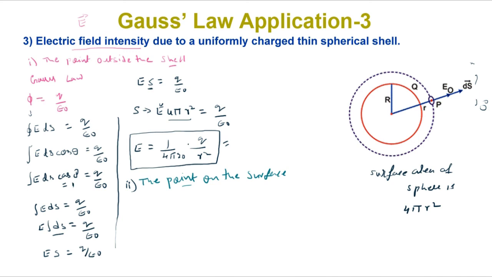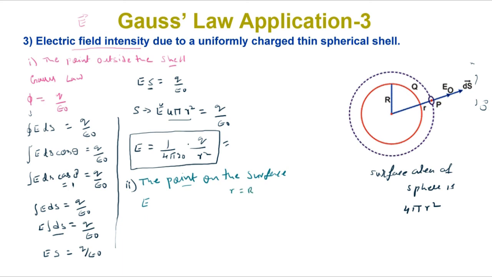A point on the surface means the radius is capital R. We already derived the formula above, so I will take that, and before that I will put one condition: small r is equal to capital R, because we are on the surface.